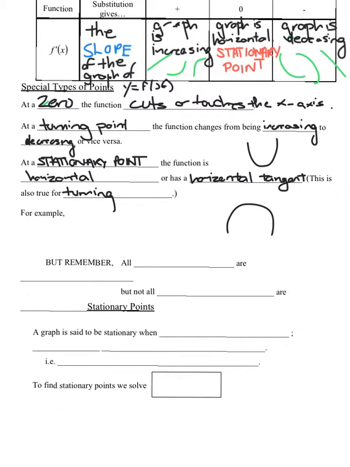So all stationary points are horizontal, and all turning points are stationary points because of that. So this is a turning point and that's a stationary point as well. But not all stationary points are necessarily turning points. I'll show you some examples of that. But if you just write that in: all turning points are stationary points, but not all stationary points are turning points.